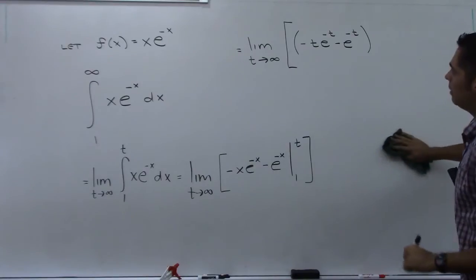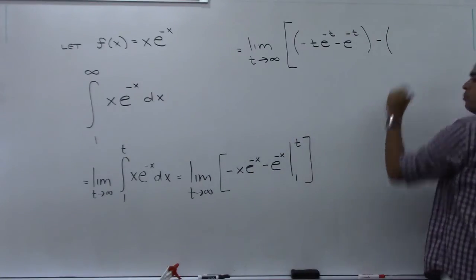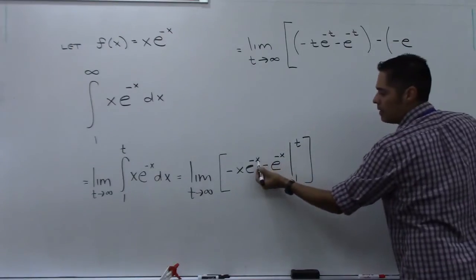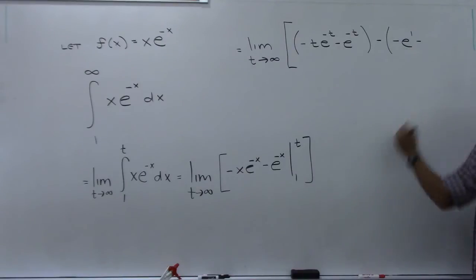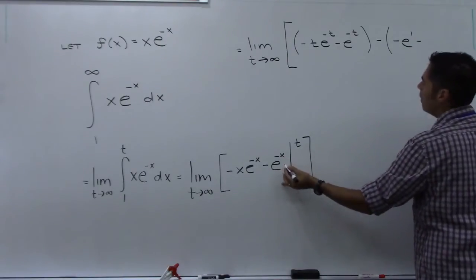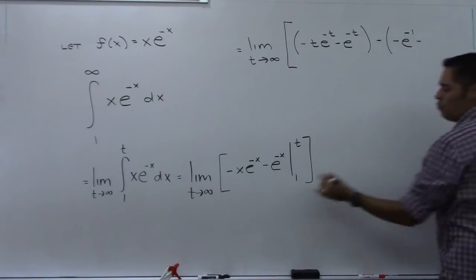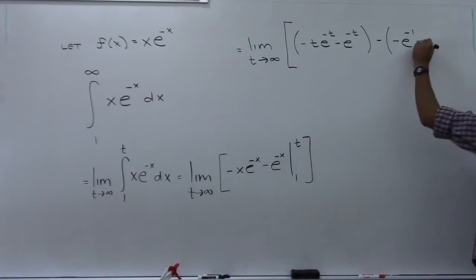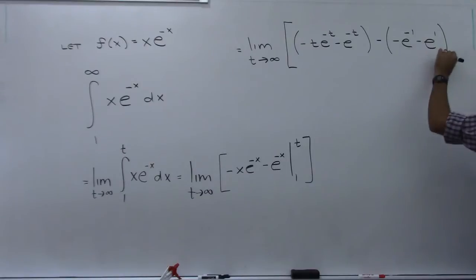Okay, if we plug in 1, so minus, we get negative e to the negative 1, and then minus again, 1 in here. Oops. I'm plugging in 1. 1 goes in there. 1 goes in there, okay. Minus e to the 1 again. Close that off, and then the limit.